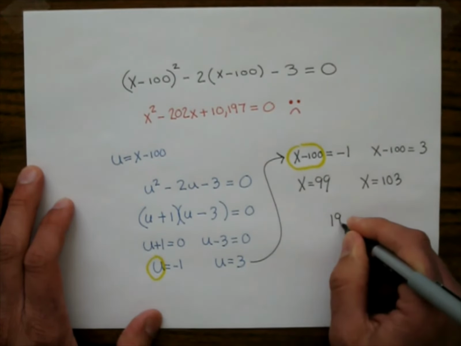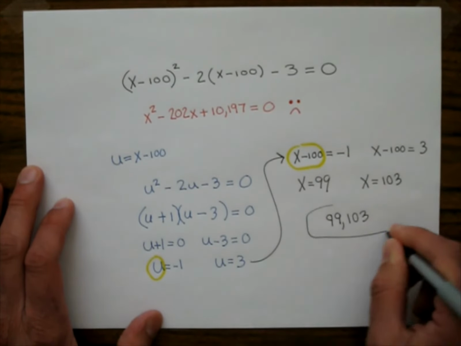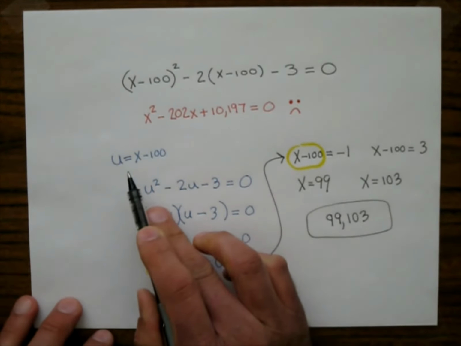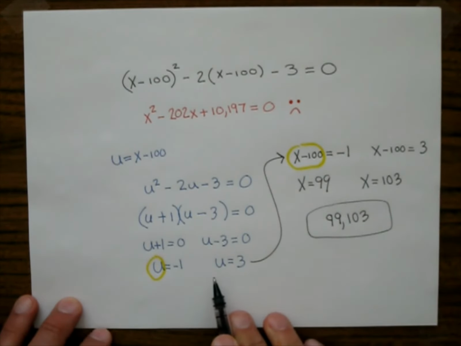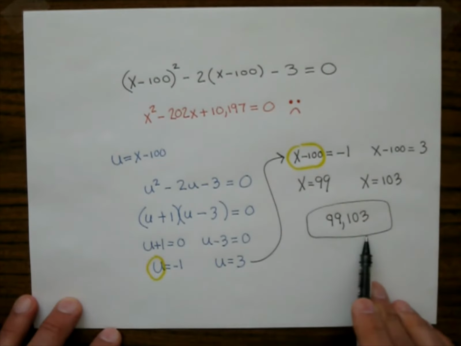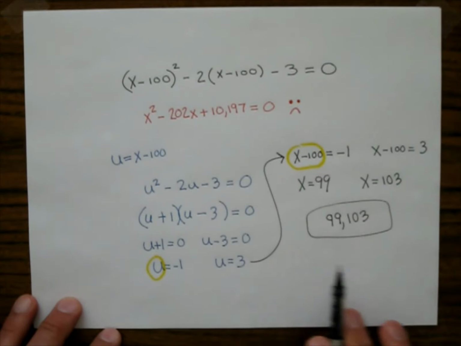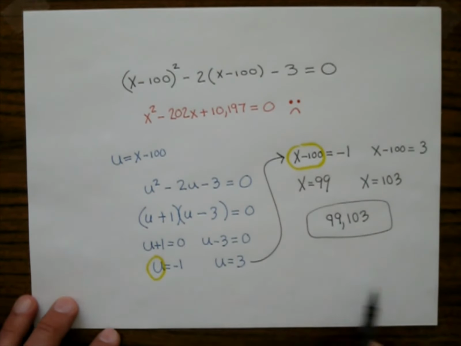So my answers are 99, 103. I went ahead and did a U substitution, was able to do a problem that was doable, and then came back and switched it back to that. That's what we're going to be doing with integration, except we're going to be doing calculus instead of just some algebra.